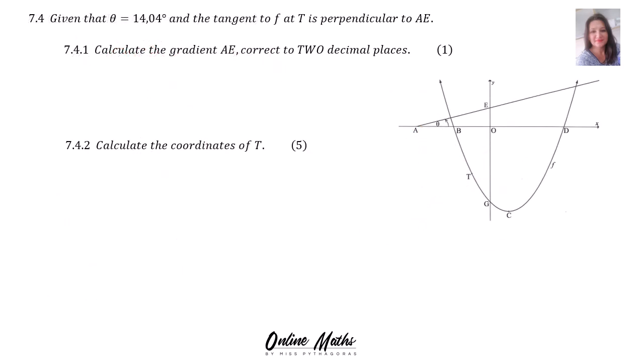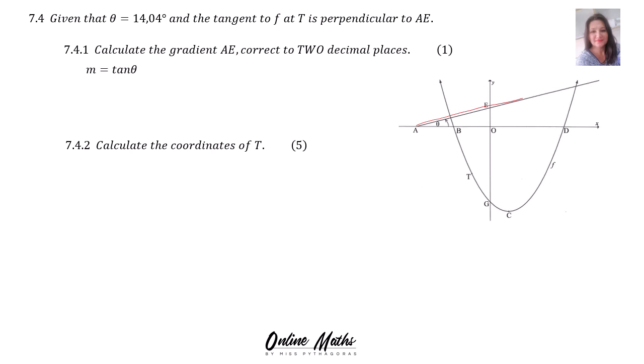7.4, given that theta is 14,04 degrees and the tangent to f at T is perpendicular to AE. 7.4.1, calculate the gradient of AE correct to 2 decimal places. So we are working out this gradient over there. In this sum, this is where they are using a little bit of your analytical geometry knowledge, where the definition for inclination is m equals tan theta.